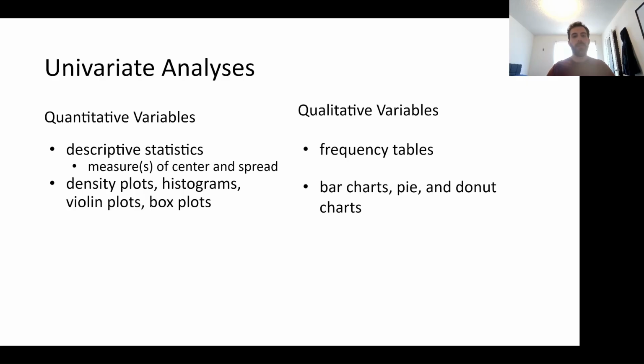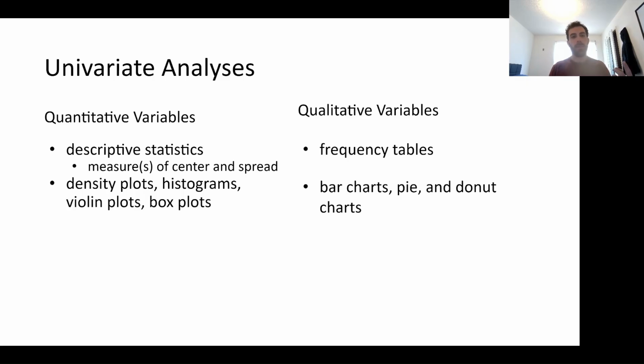So let's get into univariate analysis a little bit. There's a few different approaches you could take here, and you don't have to be exhaustive and use every approach on every variable that it applies to. But I did separate out the results into the type of variable you're analyzing. So for quantitative variables, which as a reminder just means variables that take on number values, we already covered descriptive statistics.